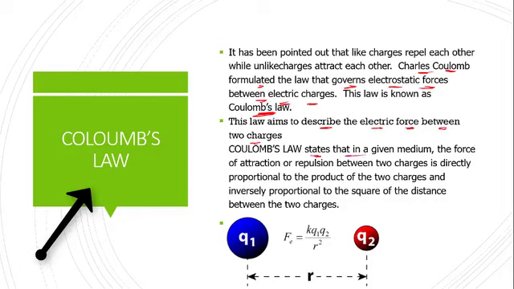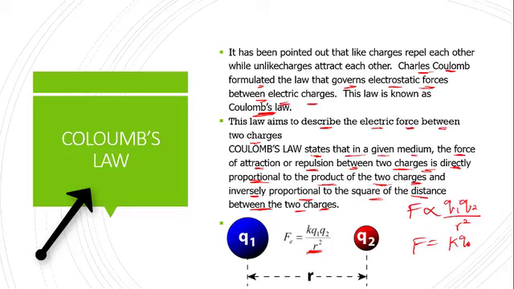Coulomb's law states that in a given medium, the force of attraction or repulsion between two charges is directly proportional to the product of the two charges and is inversely proportional to the square of the distance between them, which results in F equals K q1 q2 over r squared, with K replacing the constant of proportionality.